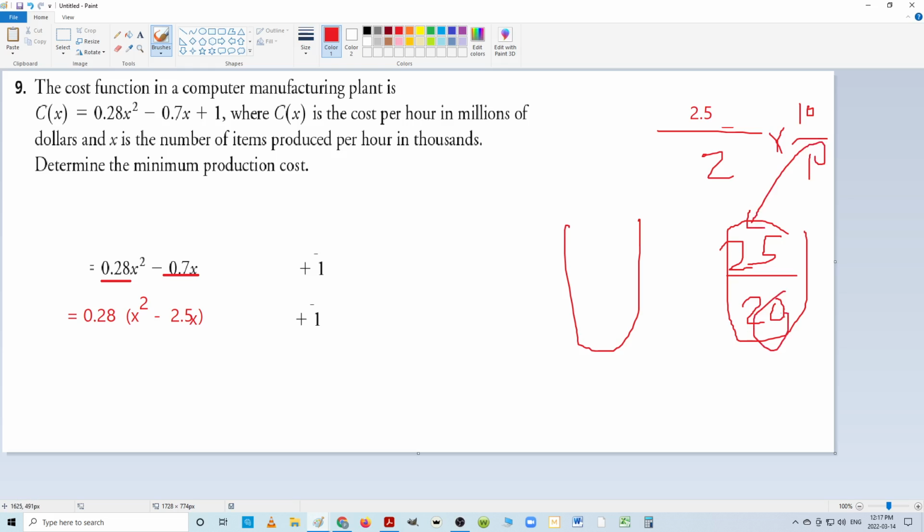I get 25 over 20. This can be divided by 5, so can this, so I get 5 over 4. So that means this fraction is half of 2.5. So that's one way you can do it.